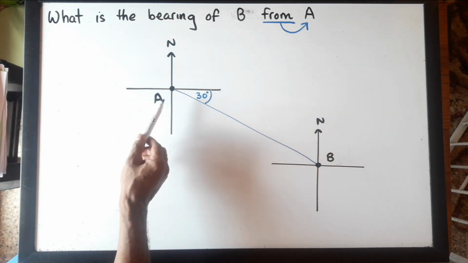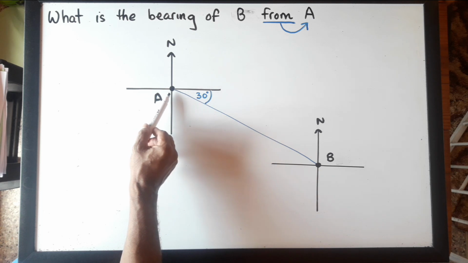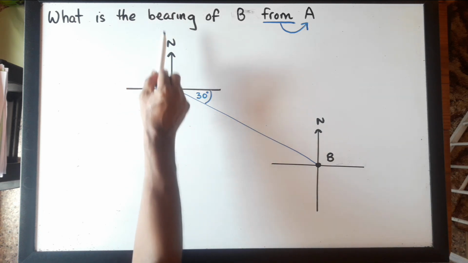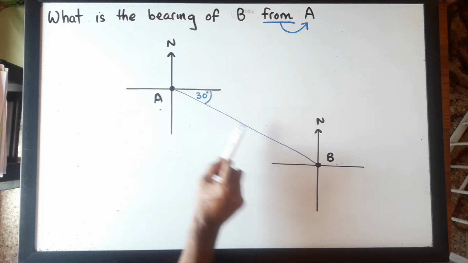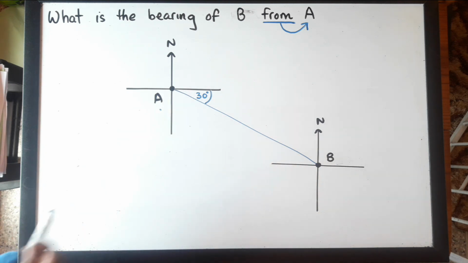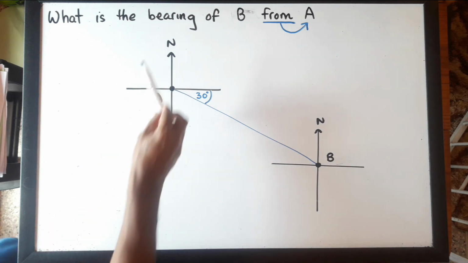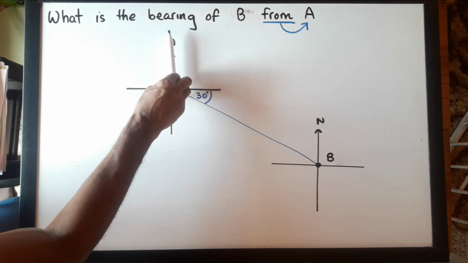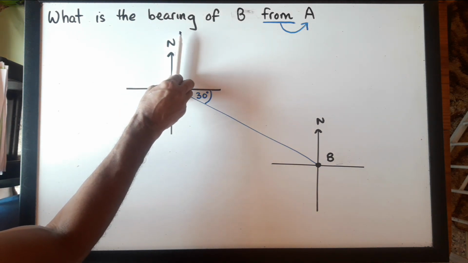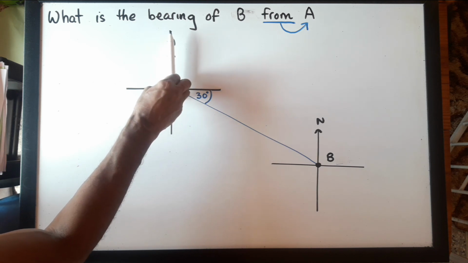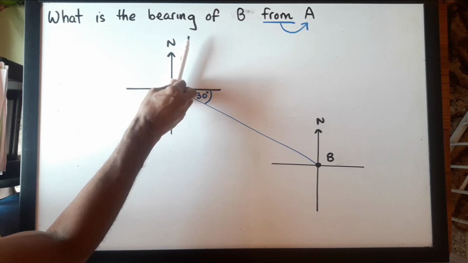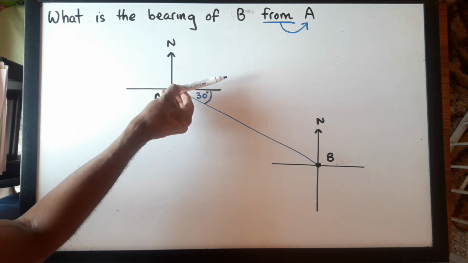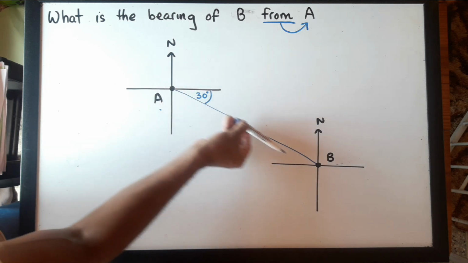So they want you to stand at A, and they want you to figure out the bearing from A in order to reach B. So in other words, you're going to pretend you're standing at A, and you are going to turn, and you have to pretend you're starting from north, because that's the rules of bearings, and you're going to spin clockwise. You're going to spin clockwise and keep spinning until you face B.